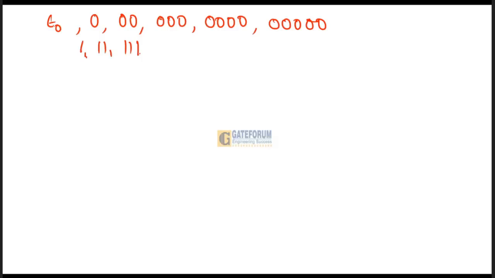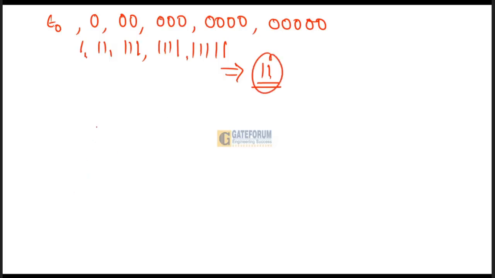One string could be 0, other string could be 00, thereafter 000, 0000, and 00000, 5 length, not more than that, right? Now after that 1, 11, 111, 1111, and 11111. So these are the strings possible on the given expression of length less than or equal to 5, and these are total 11, right?